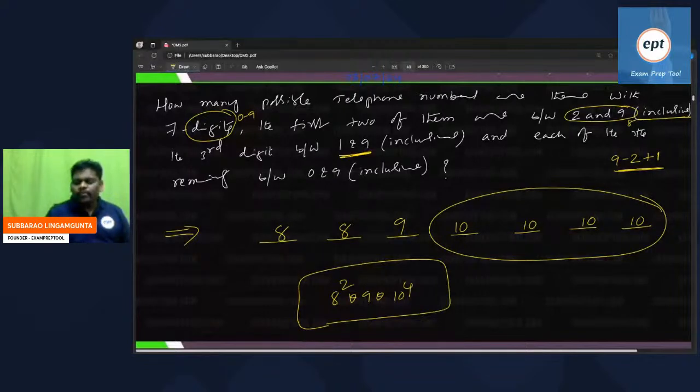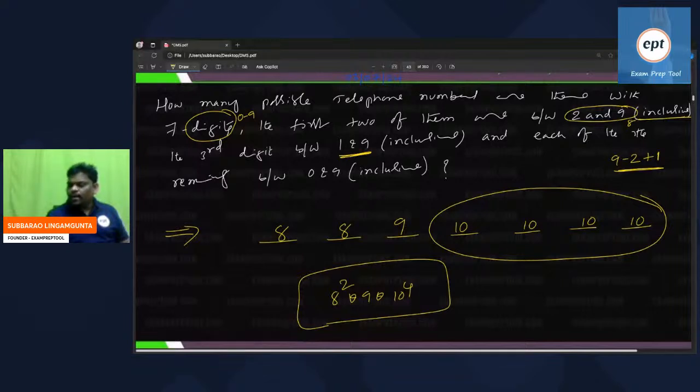Is there anyone who is having doubt in this problem? Two of them between 2 to 9, which are 8 possibilities. The remaining are normal, so 10 possibilities.